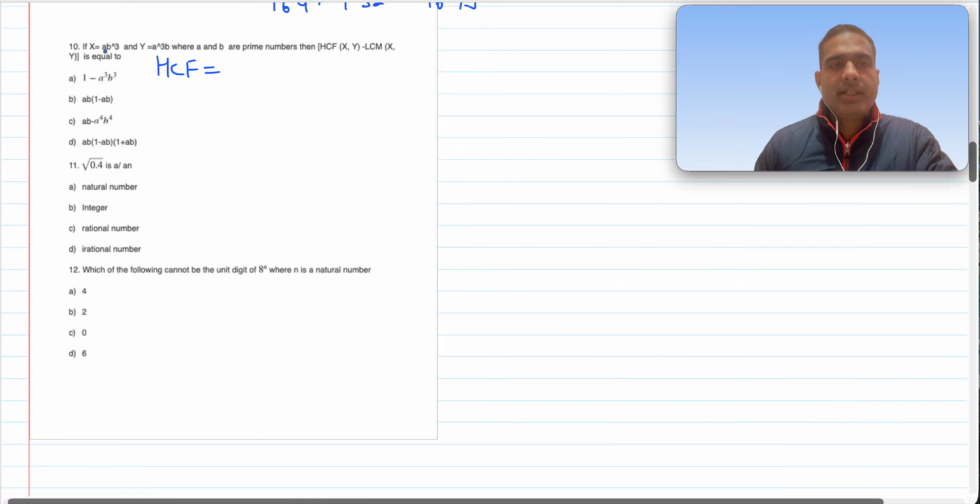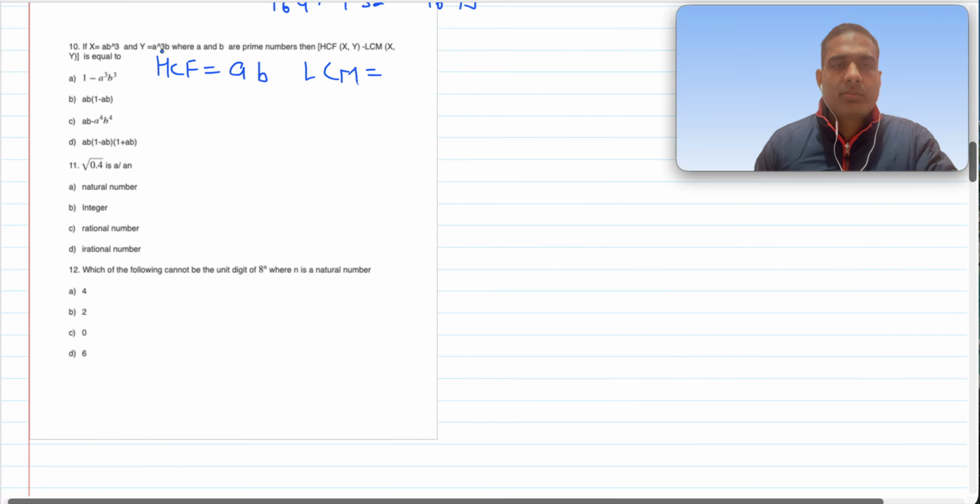So x contains a, y contains a cube, so least power is a, that is a to the power 1. X contains b cube and y contains b, so least power is b to the power 1. So HCF is ab.